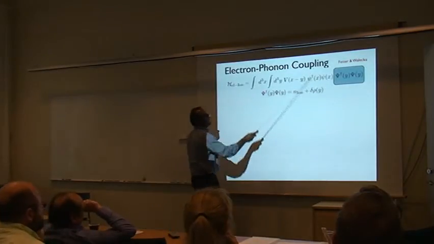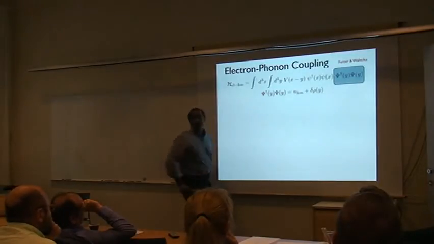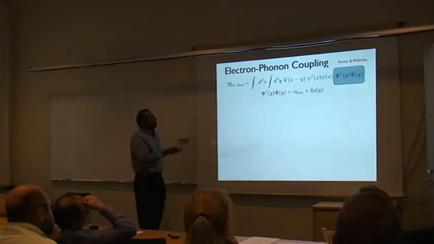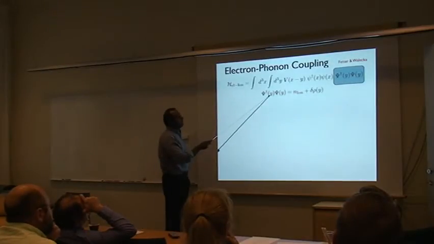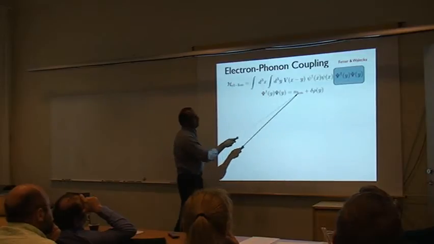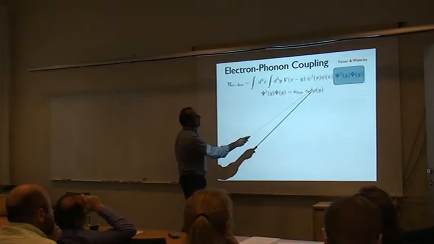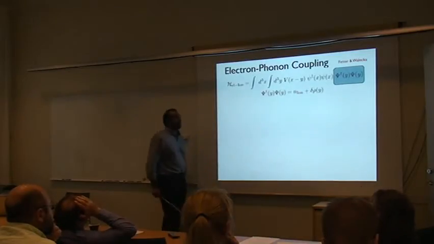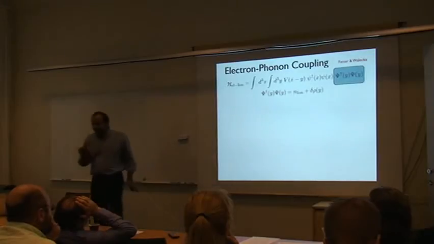So this is the electron field, and this is the ion field. So this is just like a density operator for the ions. Now, the ions are all frozen into some lattice sites, so I can always write this as the ion density, which is the density of lattice sites, and a small fluctuation. Okay, so this small fluctuation is the one that gives rise to the phonons.